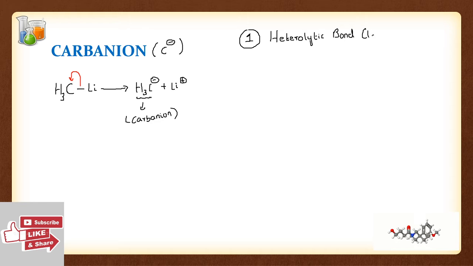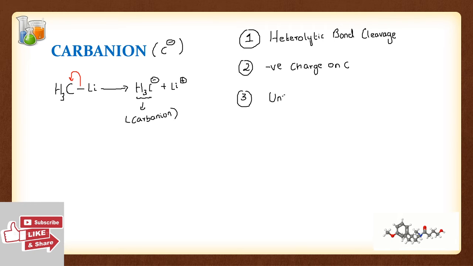The second point is that there is a negative charge on the carbon atom. And the third point is that it's a reaction intermediate, so obviously it will be unstable.